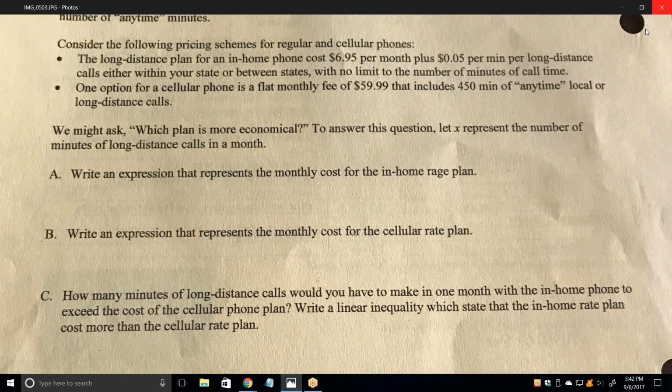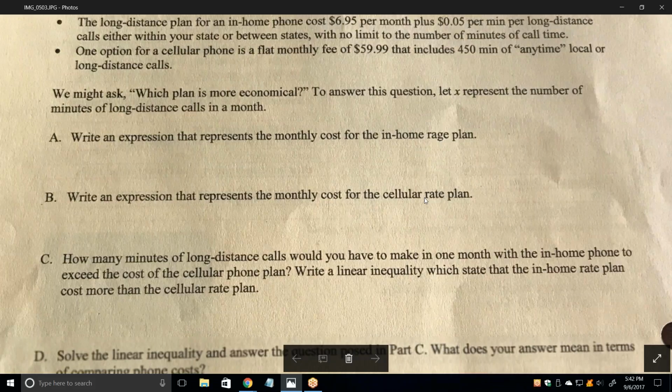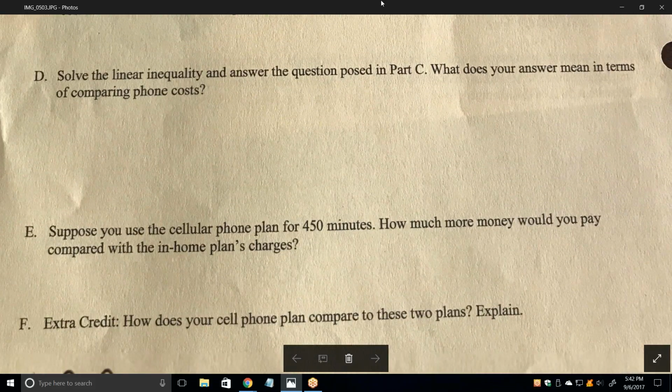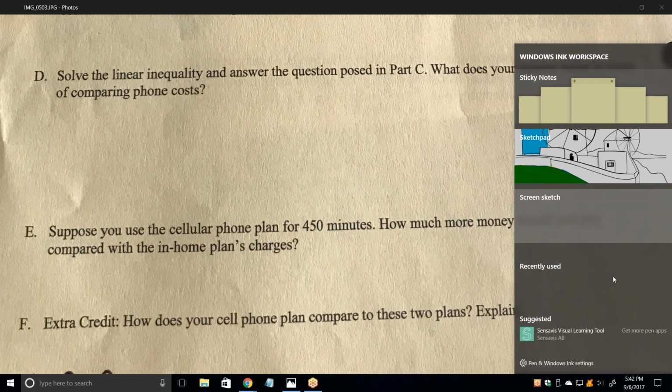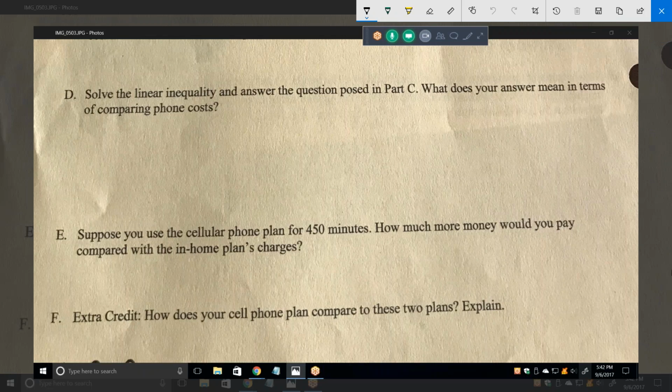Let's see what else we got on this page. Okay. Take a picture of that. Solve the inequality in C. Well, we did.